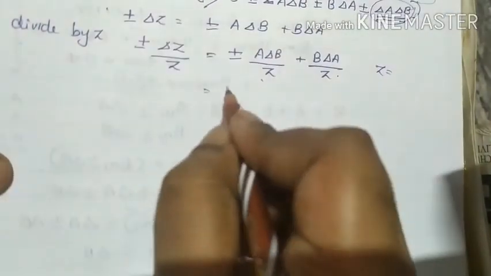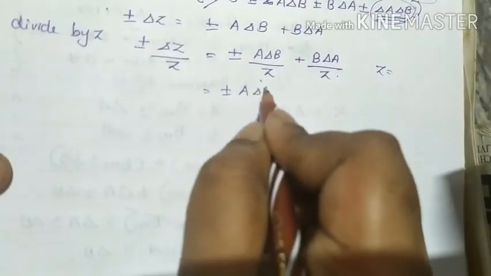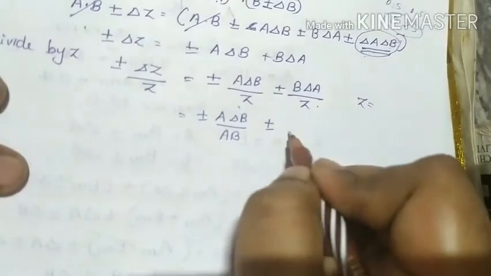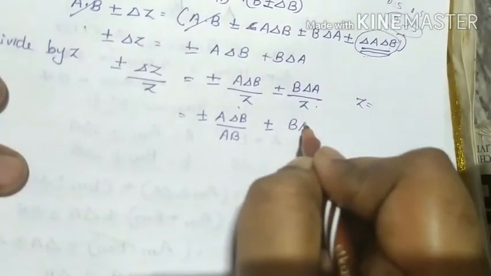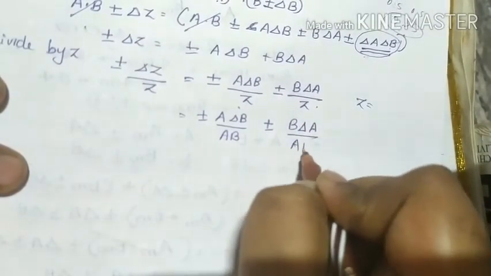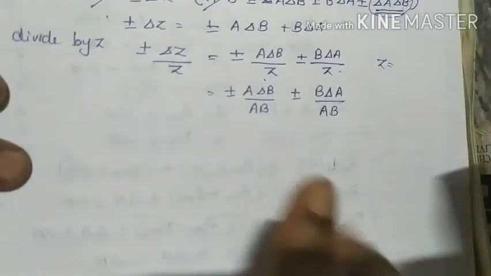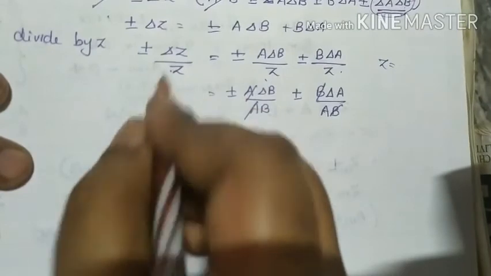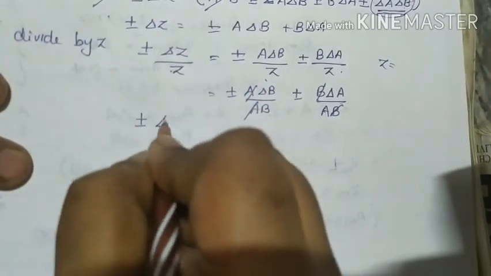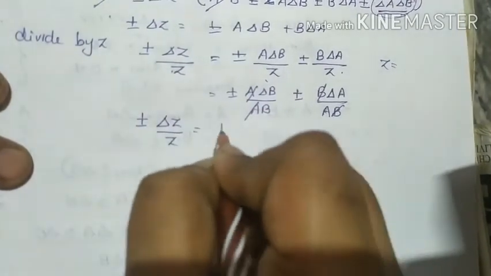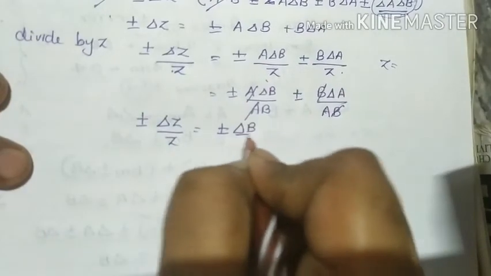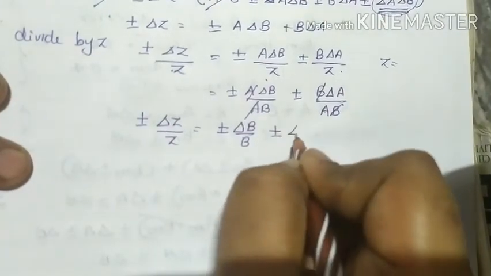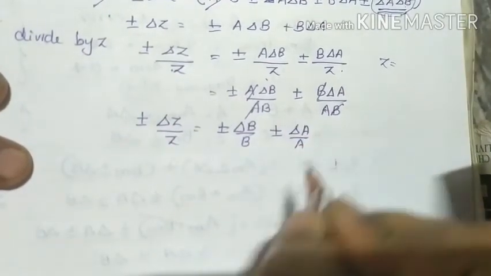So it will be plus or minus A delta B divided by AB plus or minus B delta A divided by AB. I can cancel A with A here, B with B here. So in the LHS it is plus or minus delta Z by Z, equal to plus or minus delta B by B plus or minus delta A by A.